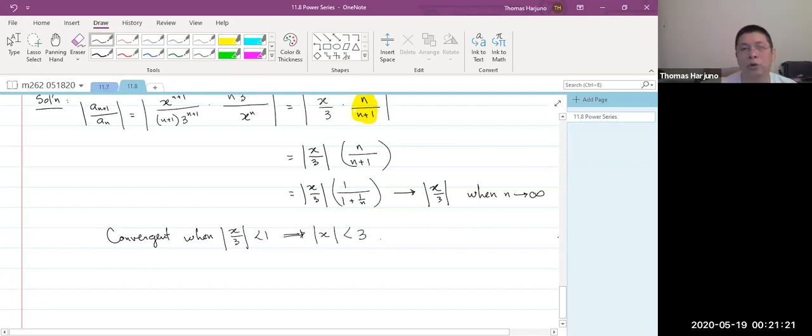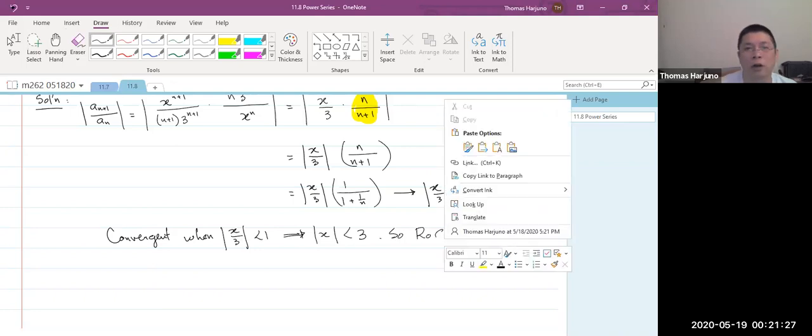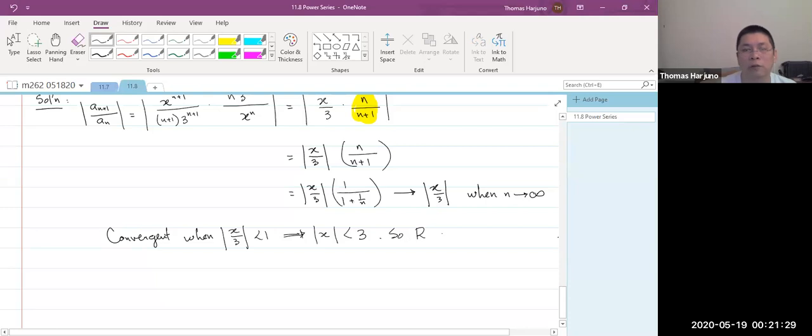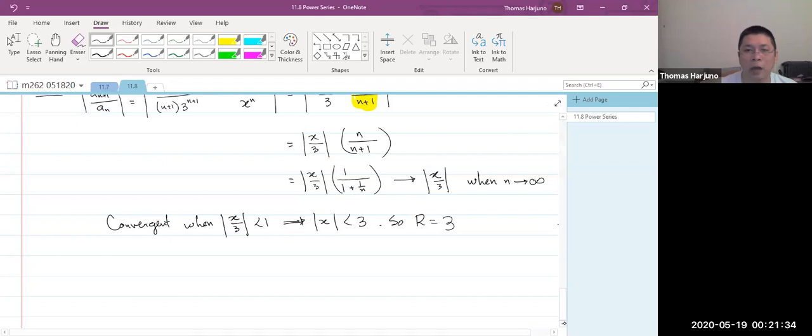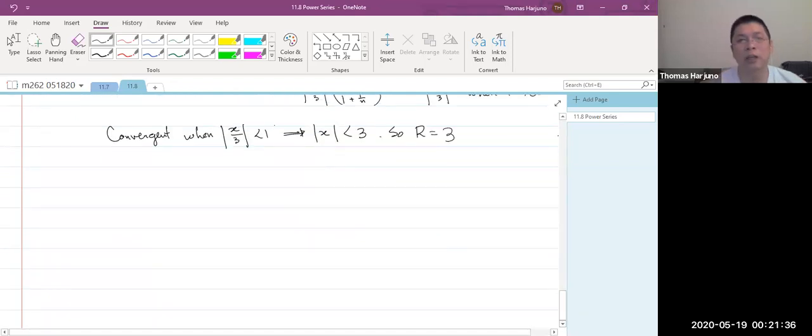Okay. So the radius of convergence, let me just call it R, ROC, radius of convergence is equal to 3. Okay, now we get the interval. So x will be between -3 and 3, right?